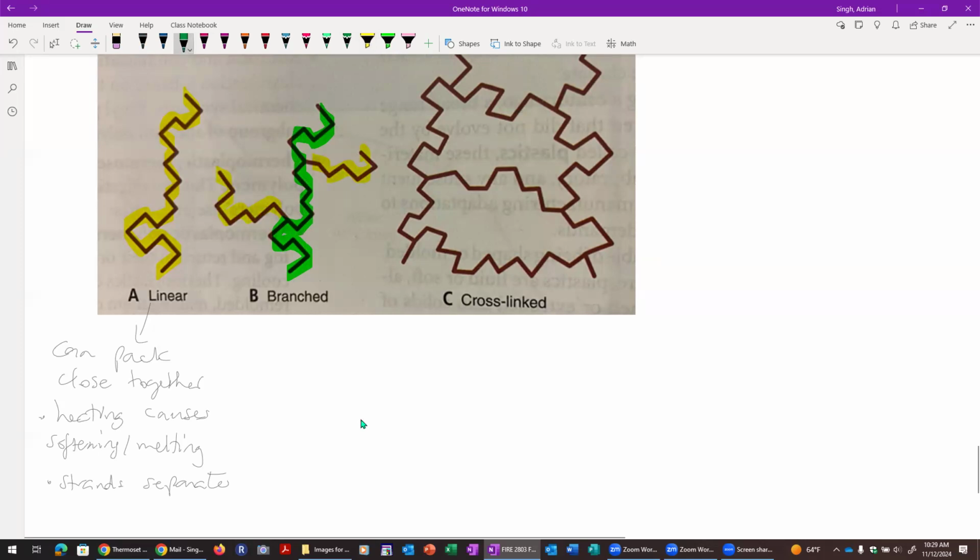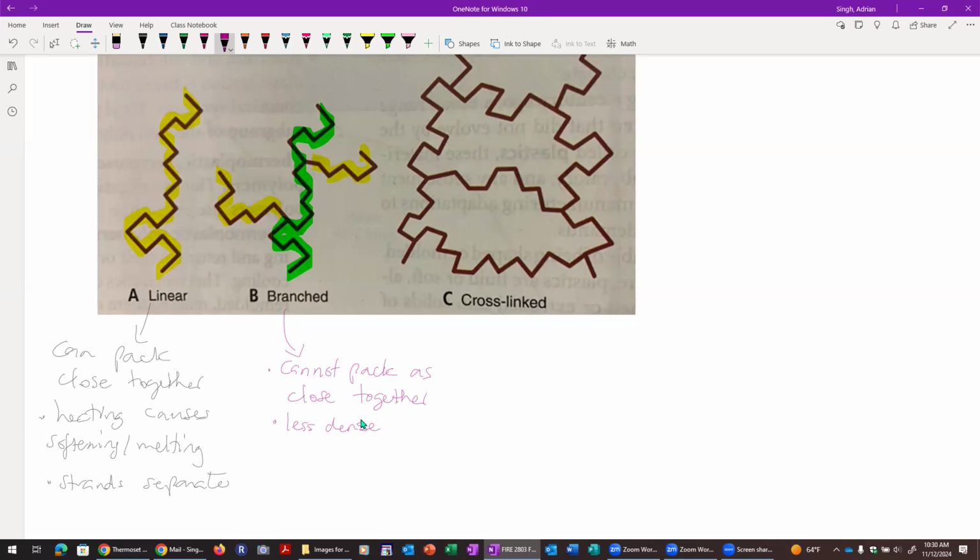So with the branched polymer, because you have the branches present, these cannot pack as close to each other as in a linear arrangement. And because they're not squished close together, that means it's less dense than the linear polymer.